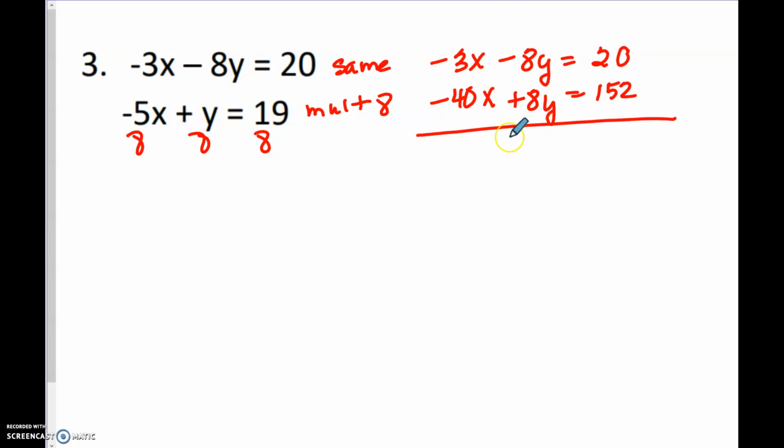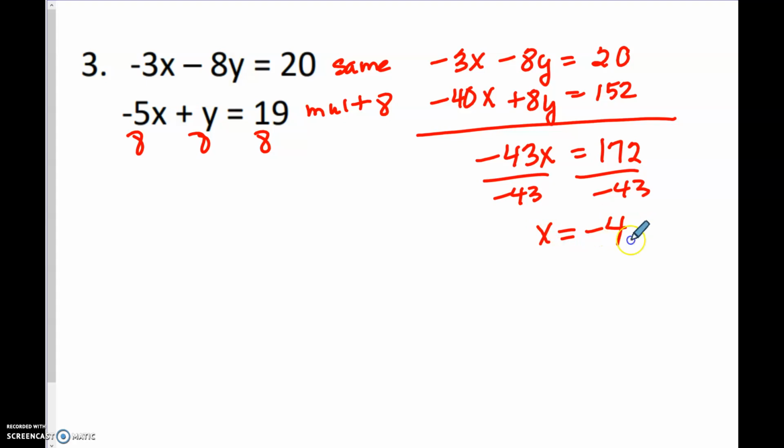All right, let's add these together. So I am going to get a negative 43x. My y's are canceling out, and I get 172. So now I'm going to divide both sides by negative 43. So 172 divided by a negative 43, and x comes out to be a negative 4.